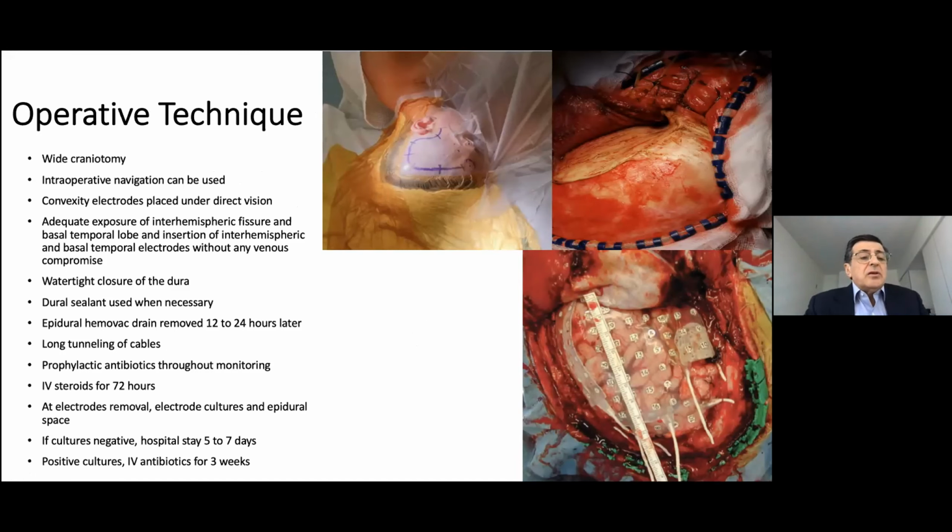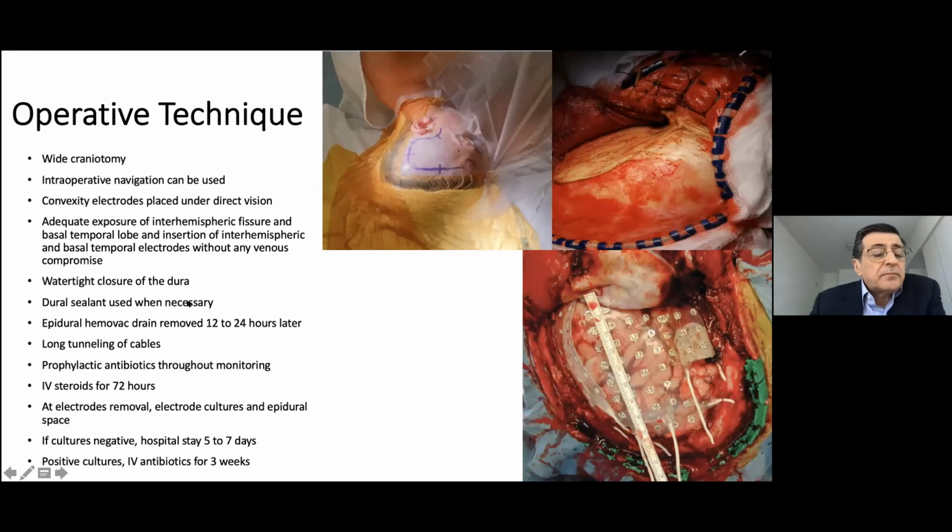For interhemispheric exposure and basal temporal exposure, we expose the interhemispheric fissure very well, and also the basal temporal lobe very well, in order to look and check any vein before placement of the electrode.